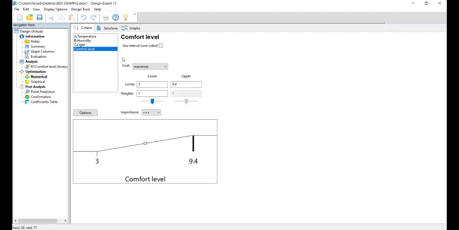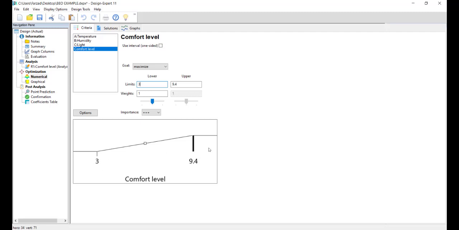We are going to have the maximum level of the comfort level. So we select it as maximize, and also we can select in which range of the comfort level we are interested to have that optimized or maximum amount.